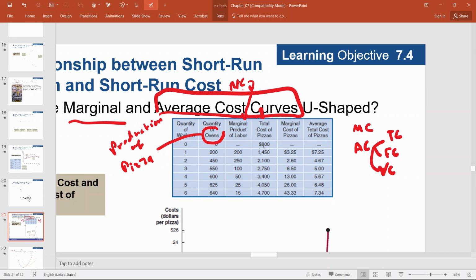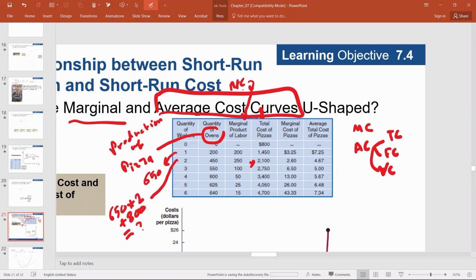Then by adding the first labor, the cost of labor, if you remember, is 650. So for example, the total cost for this one, you have two labors times 650 plus 800 equals this.